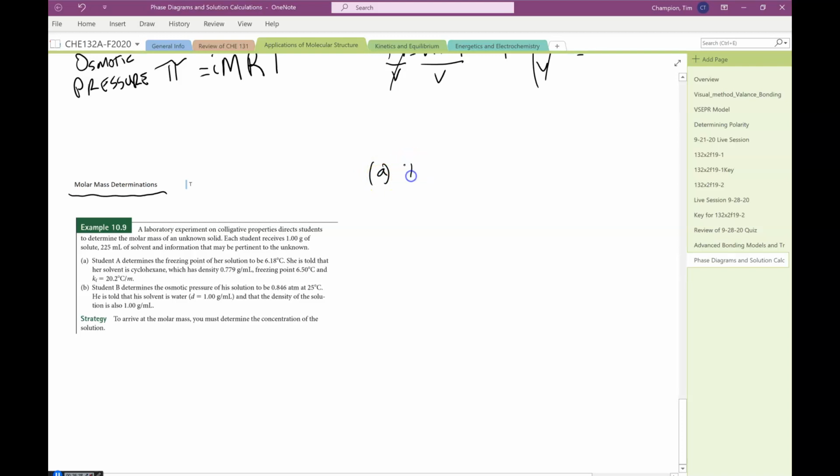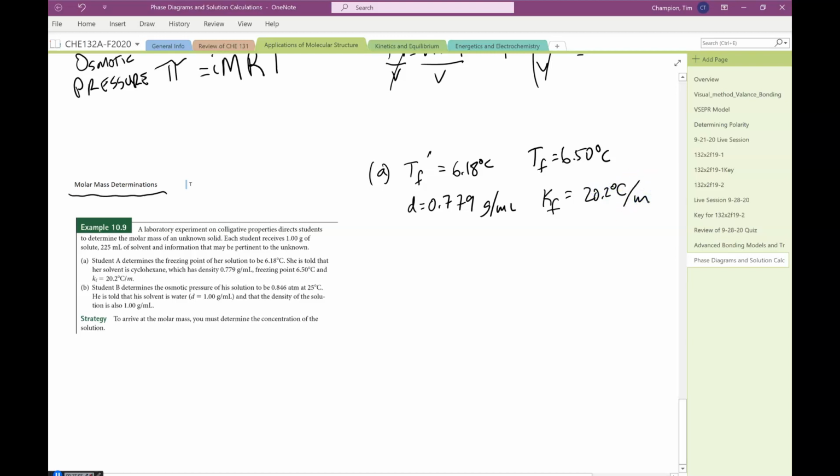That would be the T_F prime, the mixture, is 6.18 degrees C. We're told that the solvent is cyclohexane, which has a density of 0.779 grams per milliliter, and pure cyclohexane has a freezing point of 6.50 degrees C. And we're told that K_f for cyclohexane is 20.2 degrees C per molal.